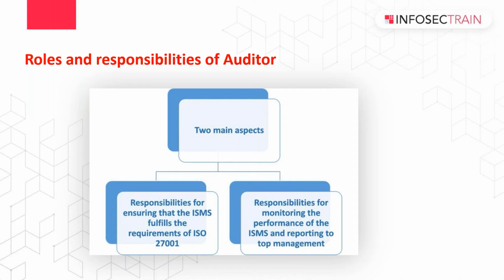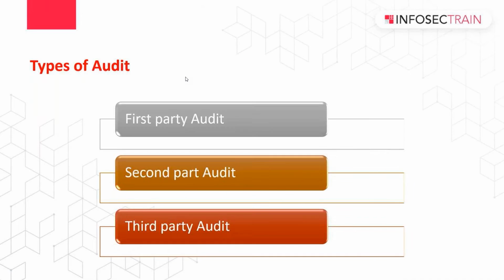Okay, and one more thing I want to add over here. When we talk about audit, there are different types of it. Generally there are three types of audit: first party audit, second party audit, and third party audit. Now first party audit is an internal audit.